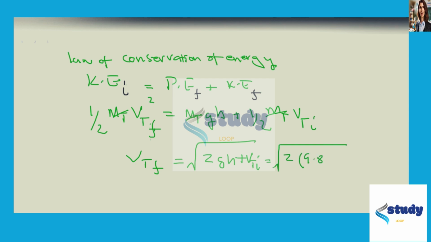9.8 meters per second squared times 0.8. So we have to plug in those numbers. What do we get?